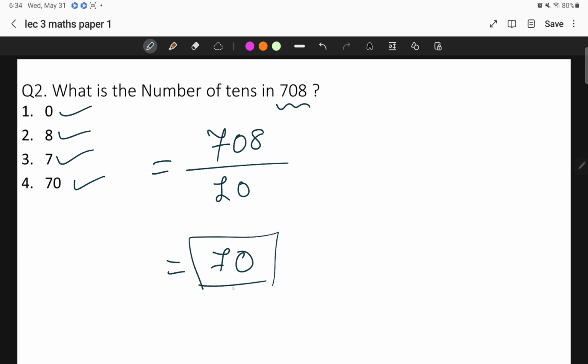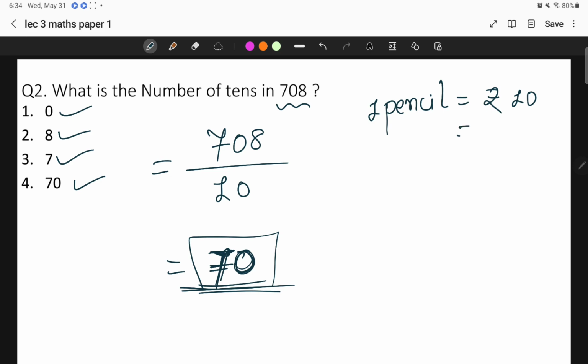So you might be getting confused that ma'am, why the answer is 70, right? To elaborate, I'll give you an example. If one pencil is for rupees 10, go and buy pencils of rupees 708.